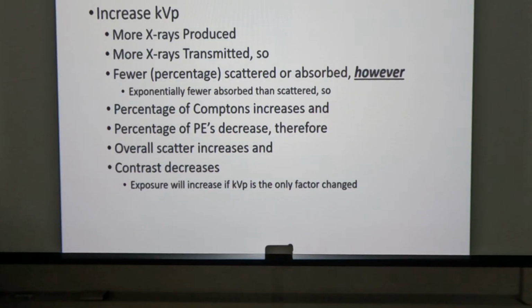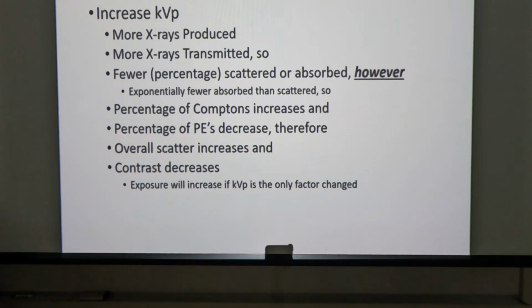All right, so increased KVP, more x-rays are produced. If that's the only thing that we do, we change our KVP, then we increase the number that we produce. And then we emit more, so we have fewer that are actually absorbed. However, because we have more, the ones that are scattered are more likely to penetrate through the patient, then we have more scatter emitted from the patient.